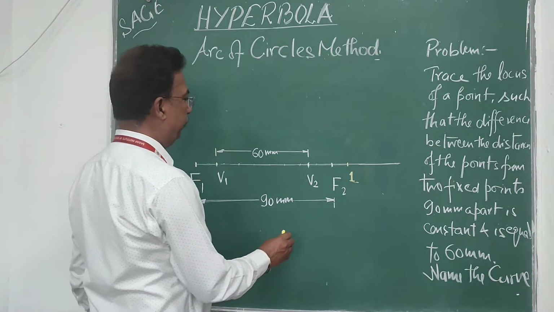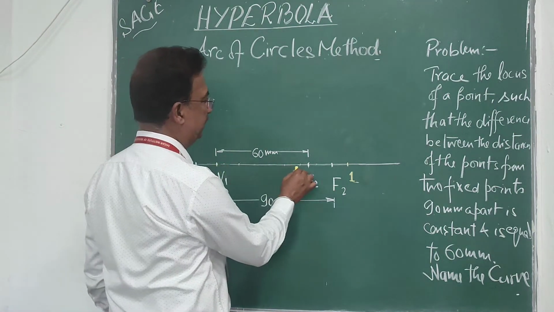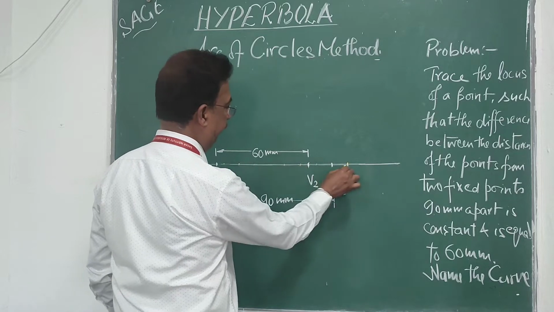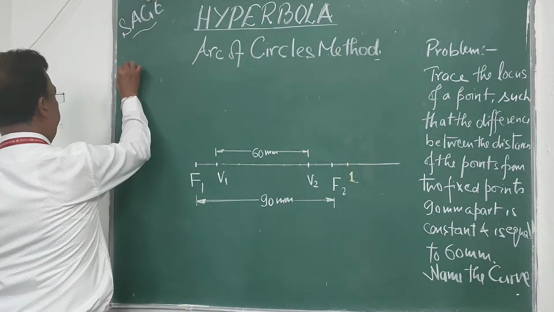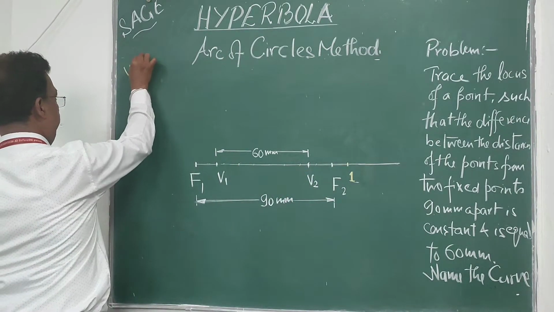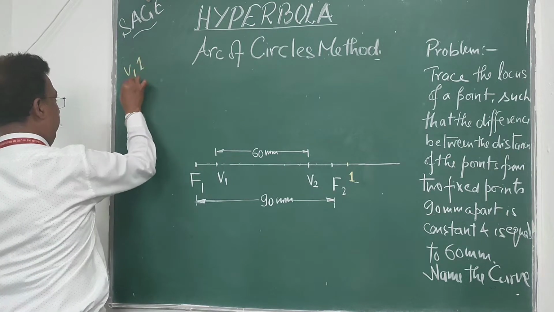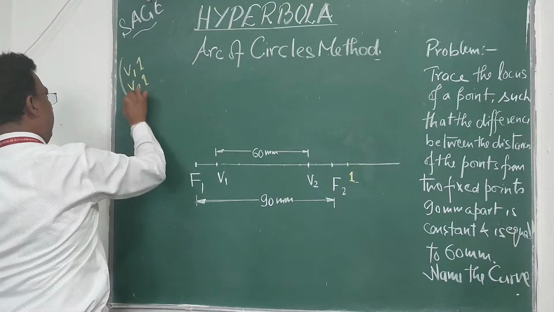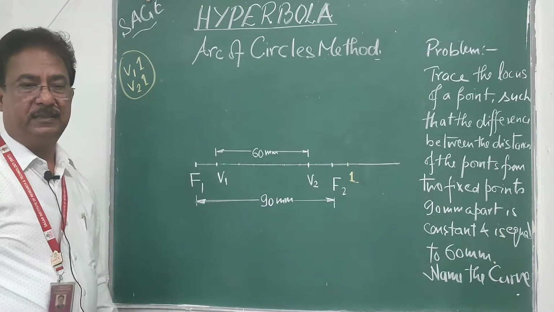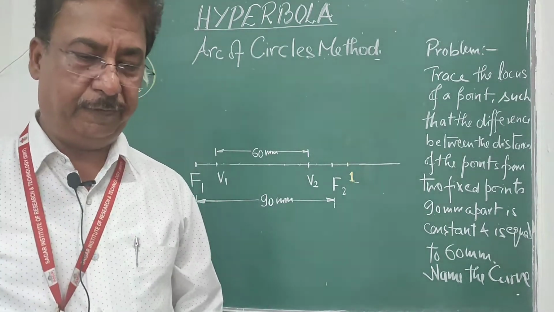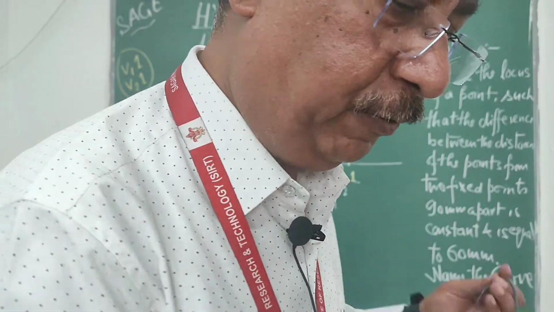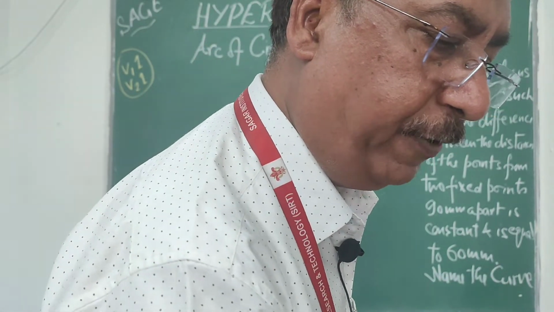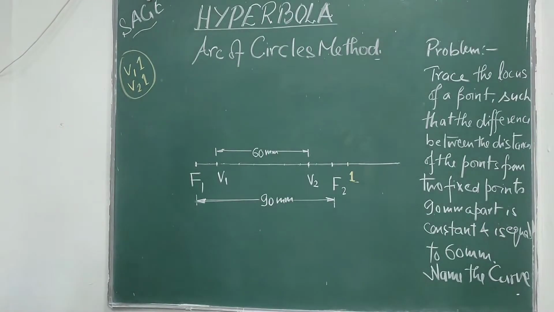Now I am going to use 2 distances, V1 1 and V2 1. As you know, the difference of these 2 distances will be V1 V2. In this way I will maintain the difference of the distances, that is V1 V2.